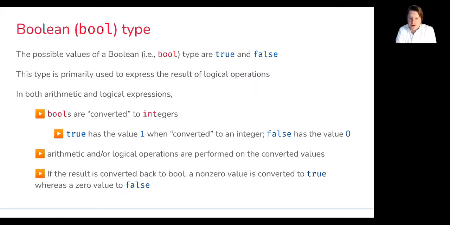True would have the value of 1 when converted to an integer, false the value of 0. Any operations are then performed on these converted values. And if we wanted to store that result back in a Boolean variable, a non-zero value is going to be converted to true, whereas a 0 value would be converted to false.